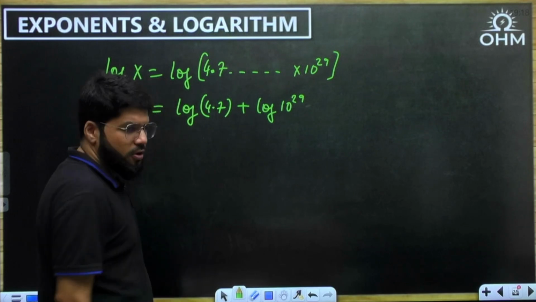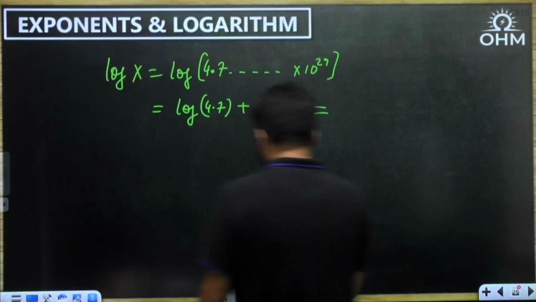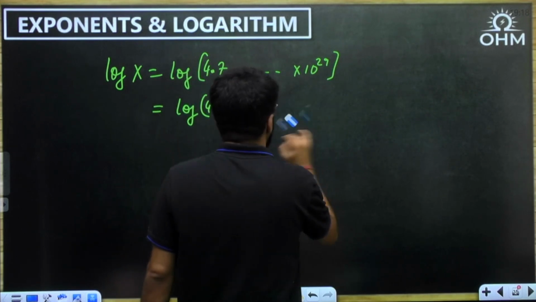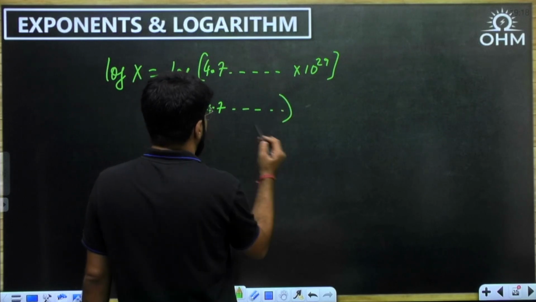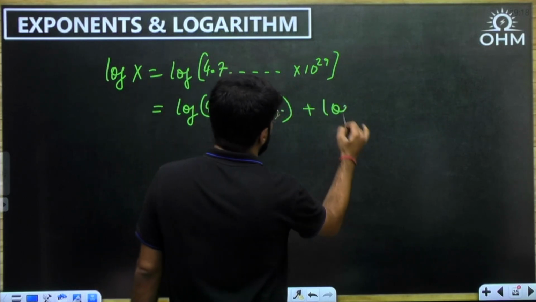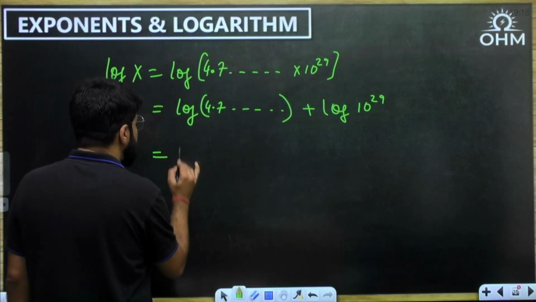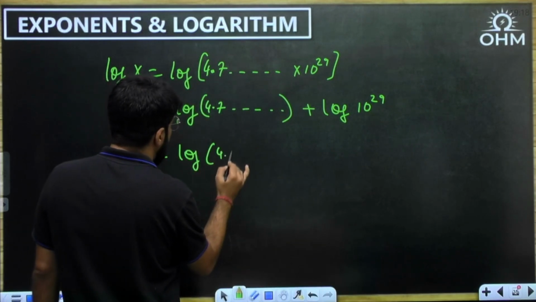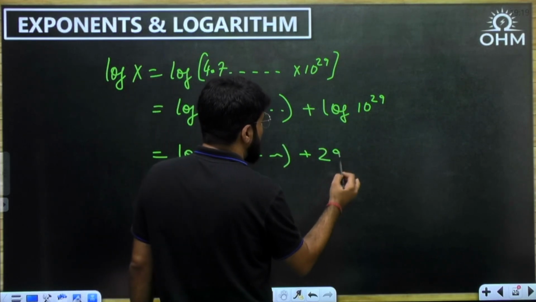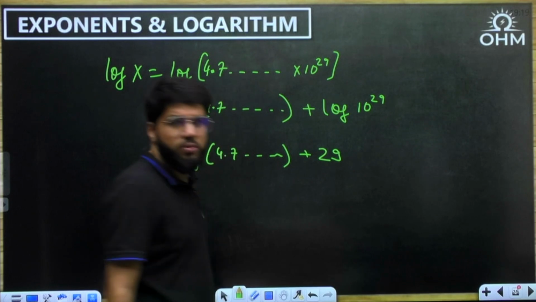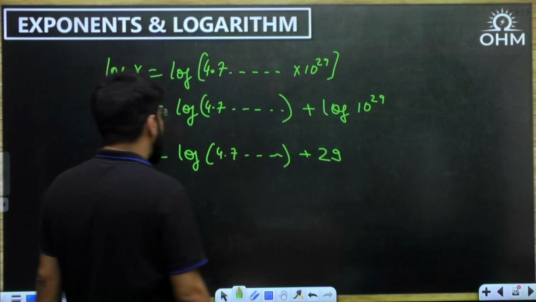So this is log of 4.7 something plus log of 10 power 29. Now this is equal to log of 4.7 something, and 29 comes outside, and log 10 to the base 10 is 1. So only 29 can be written here.